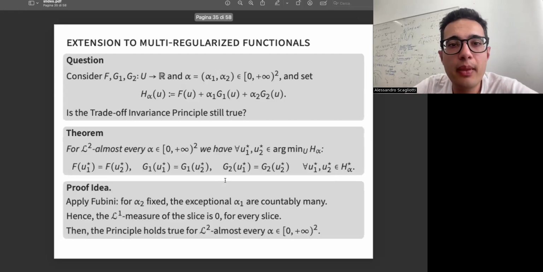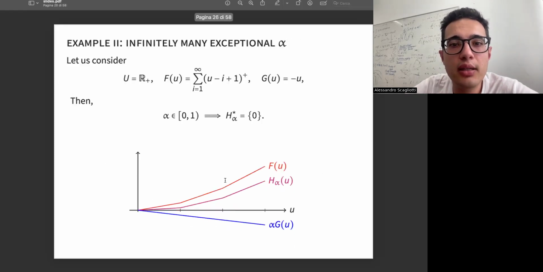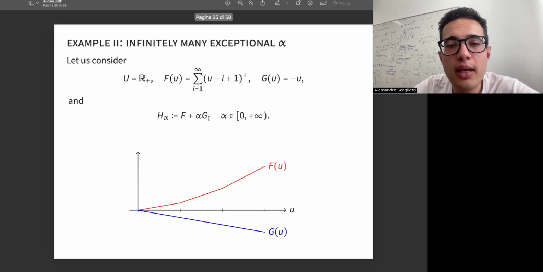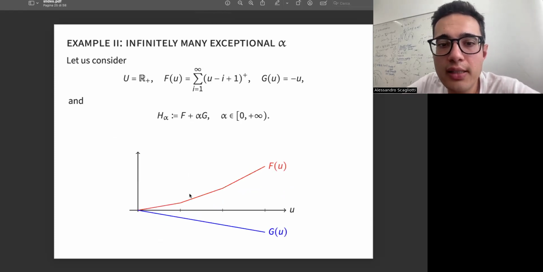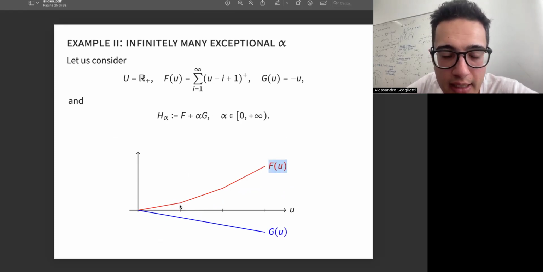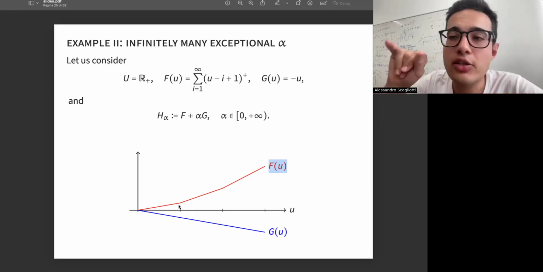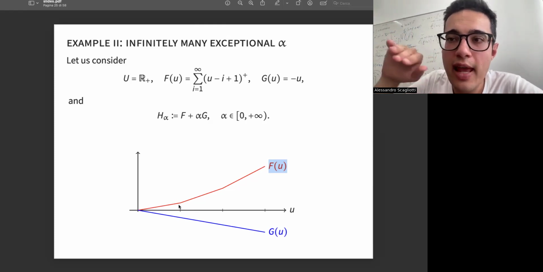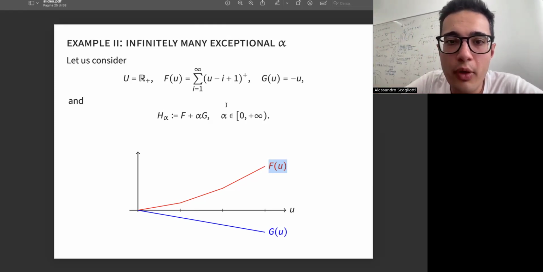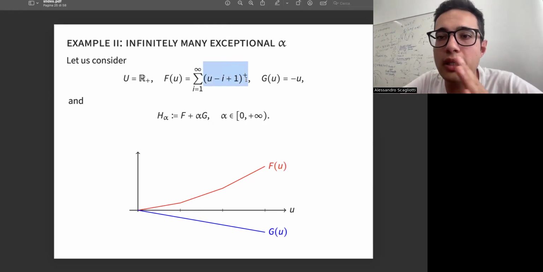Unfortunately, in the construction that we did, there is some convex analysis, because essentially you can construct F. Whenever F has a slope in which it's flat, then we have a violation. Of course, here it was easy to set these slopes to be integer numbers, but they could be any.